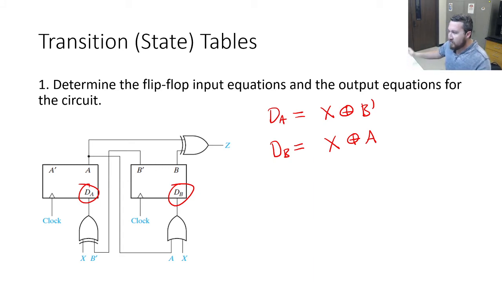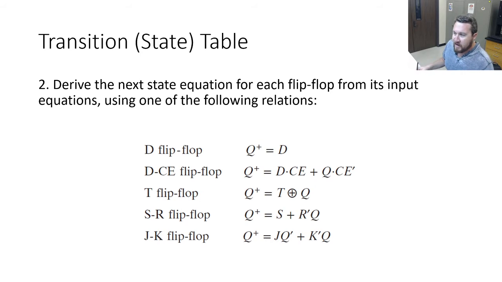All right, so from there we move on to step two, which is derive the next state equation for each of the flip-flops from its input equations using one of the following relations. We saw this a little bit last time when we had JK flip-flops and had to deal with their input equations. Here you can see a listing of all of the different types: a D flip-flop, a D flip-flop with clock enable, a T flip-flop, an SR flip-flop.